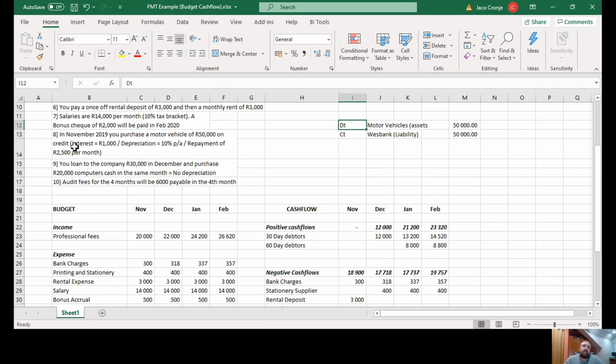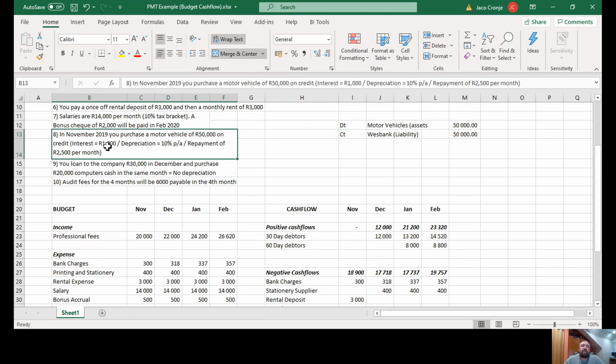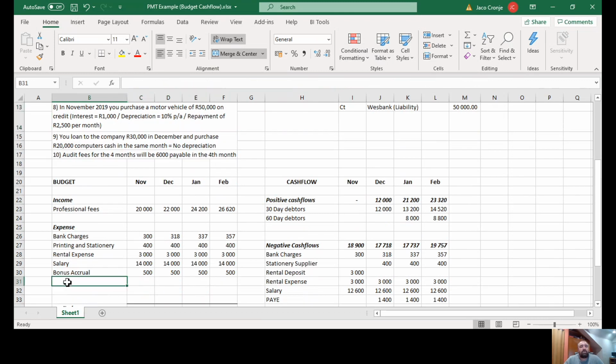Now let's start. The interest that is incurred on the liability, the interest that you pay to Westbank, will that go into your budget? So let's ask ourselves, do you lose value because of the interest that you pay? And the answer is definitely yes.